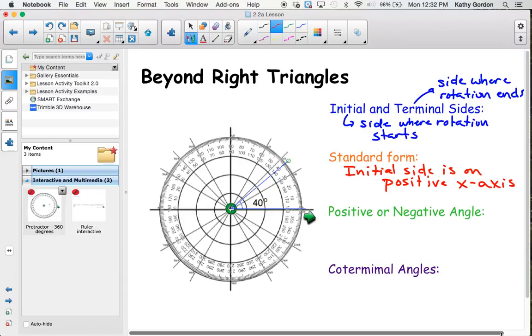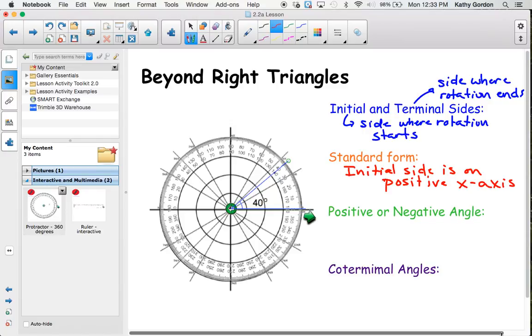So what we mean by that is when you look at like the circles that I gave you on the little worksheets that I handed out, or the circle that was up here initially before I put the protractor up, that circle has a horizontal line that cut it in half. It has a vertical line that cut it in half. And when you look at that horizontal and vertical line, they start to look like x and y axes from graphs.